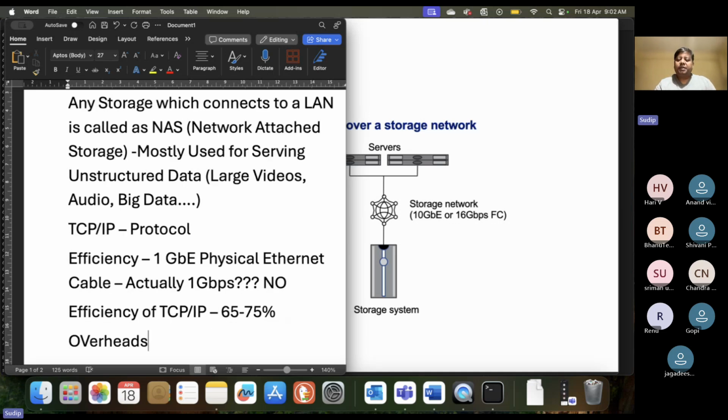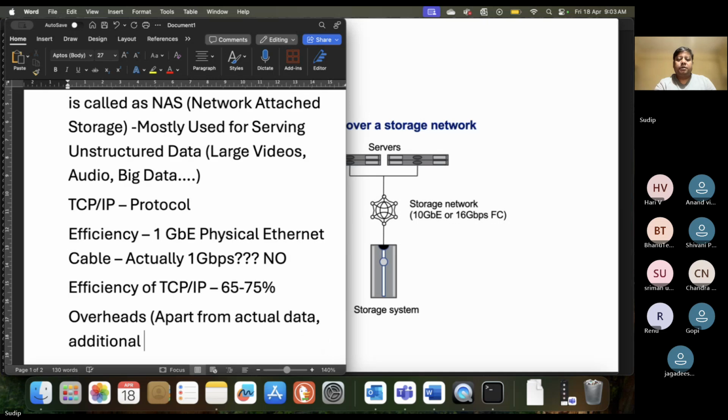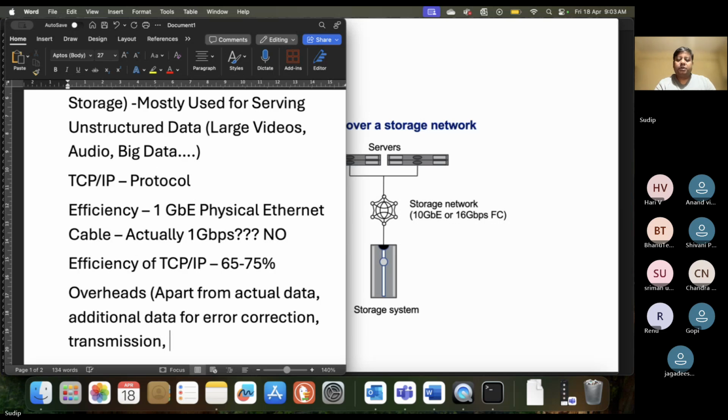Overheads means apart from actual data, you need additional data for error correction, transmission control, these kinds of functions.